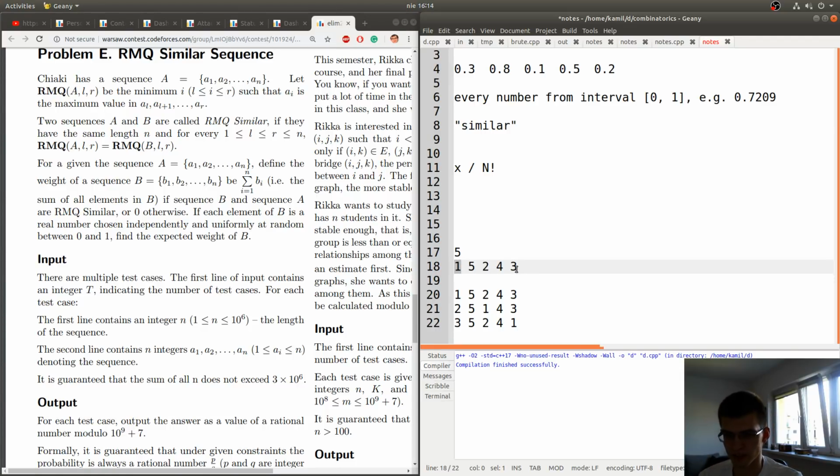And generally, for 2 numbers, we can distinguish them only when there is no number between them that is greater than those 2.